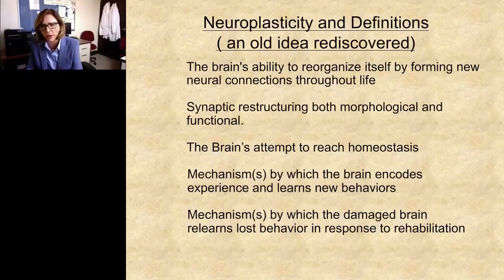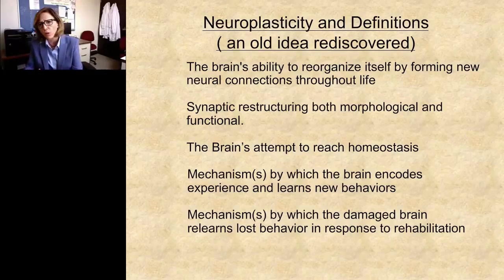These are rather broad definitions, but one idea is fundamentally that the brain finds a way to reorganize itself by forming new neural connections throughout life. This is happening synaptically, so these are connections within different brain regions, and it's happening morphologically, so we're talking about changes within spines themselves, so the physical or morphological connections change, as well as functional changes in spines and synapses, and we'll go through that as we talk about some of these exercises.